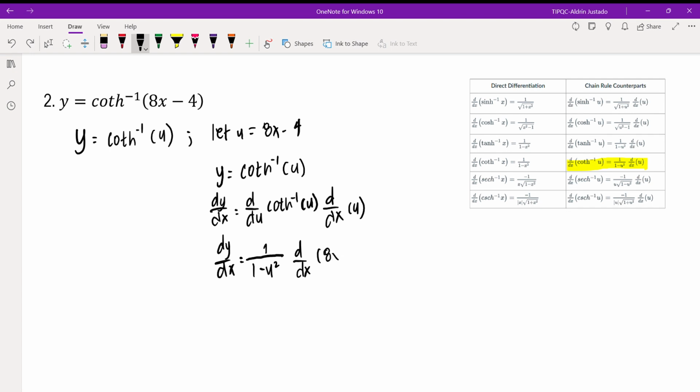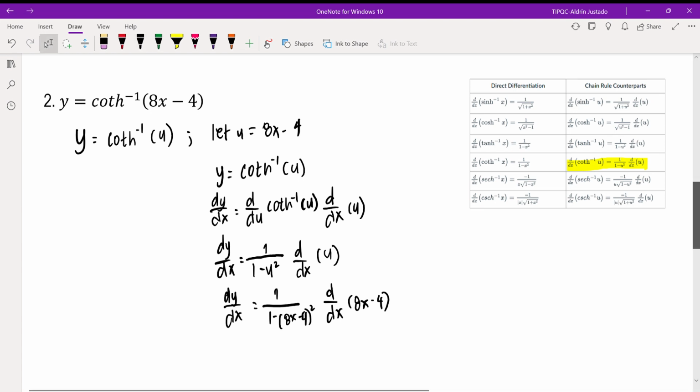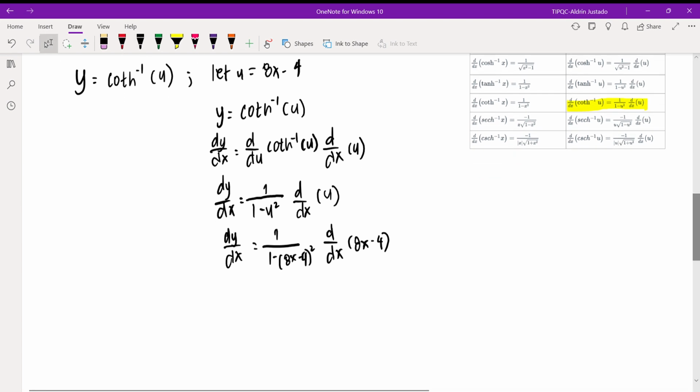Gawin muna natin siyang meta ilagay. dy over dx equal to 1 over 1 minus quantity of 8x minus 4 squared times the derivative of 8x minus 4. So the derivative of this is 8.